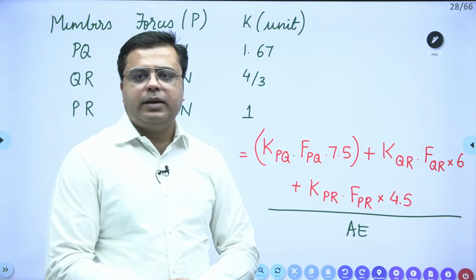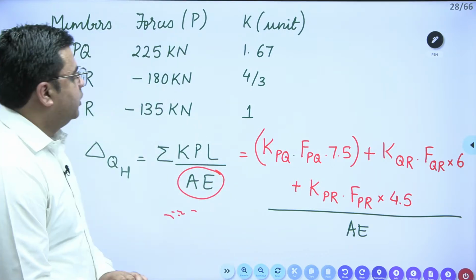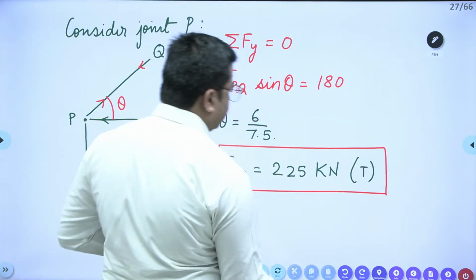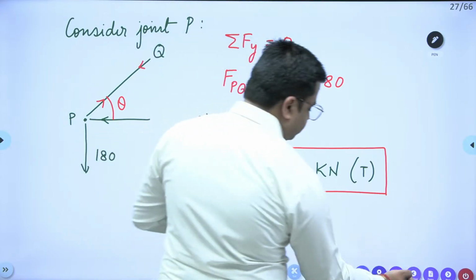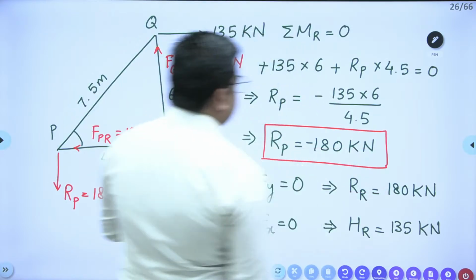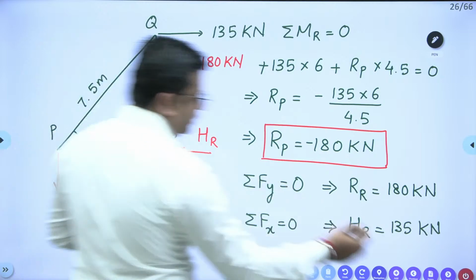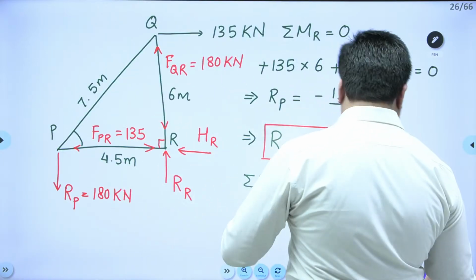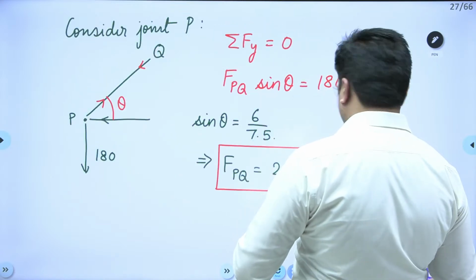KPR and KPR are negative. KPR, okay. So this KPR is compressive. Correct. Thank you for correcting me. So this KPR is negative. So this is also negative.